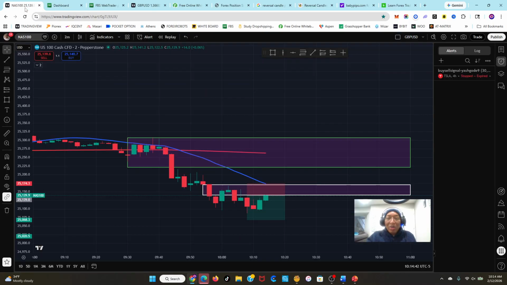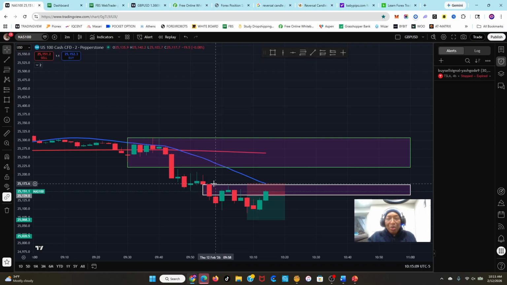So let's see how this is going. I think there is a reversal, so you can see it's going to take out our stop loss. It's going up, but let's see what happens when it comes into this box, because we put our stop loss right here. This was our fair value gap candle, the big one here. So our stop was just at the beginning of that candle, okay?